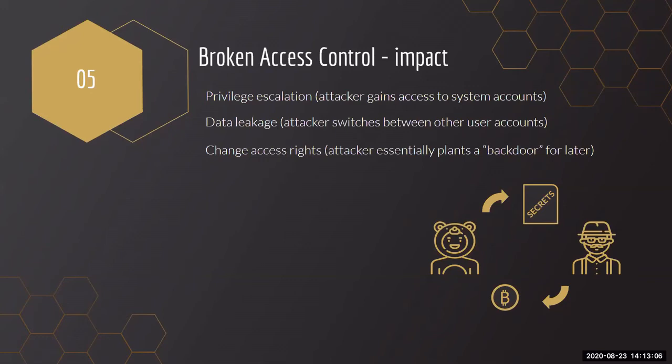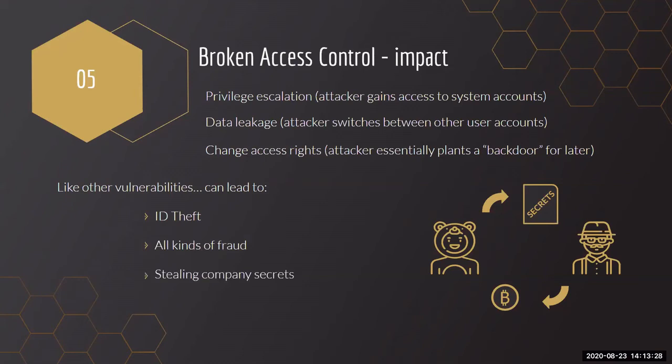So they hack in their spare time and steal some data and sell it on the dark web. This does happen all the time, and this is actually more realistic than you might think. But yeah, that's what happens. Like other vulnerabilities, it can lead to ID theft, all kinds of fraud, and stealing of company secrets.